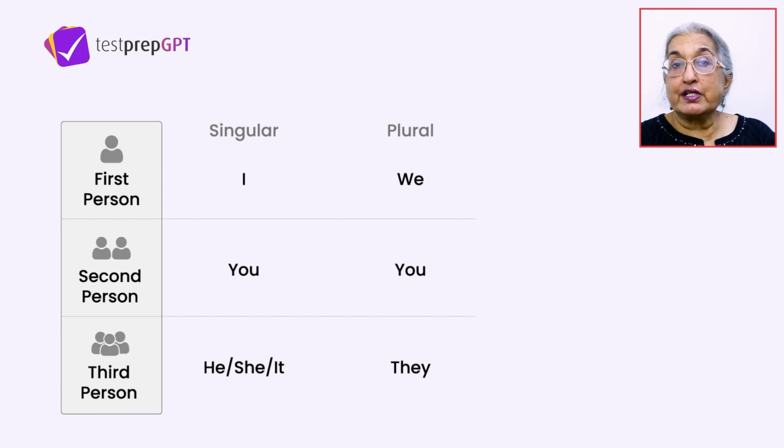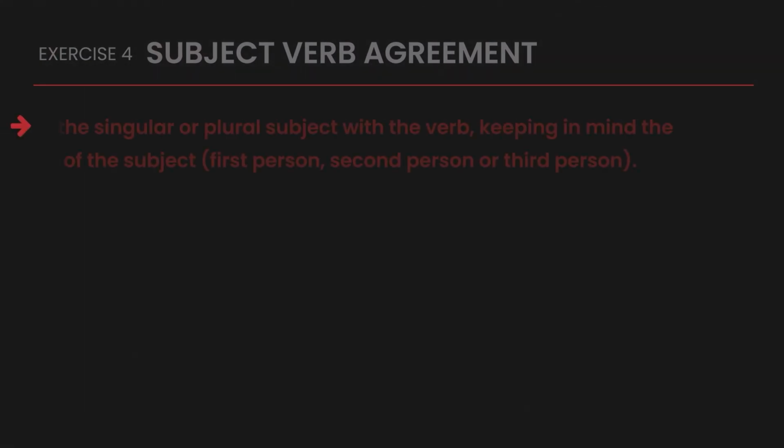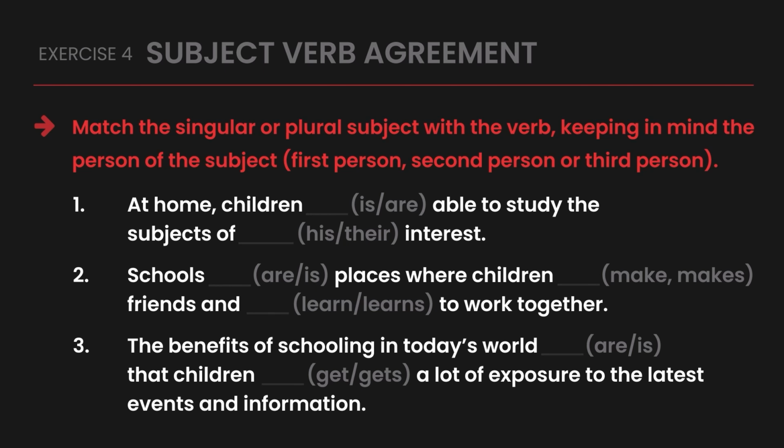So once you have this formula in your mind, you can try and see which verb will be right with each of these subjects. So with this idea, you can practice the following sentences. Suppose I do one for you as an example.